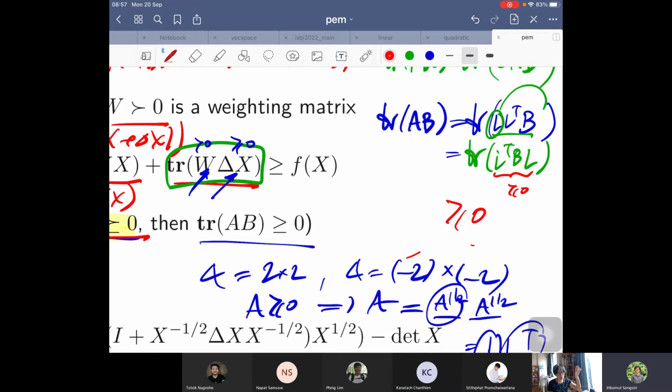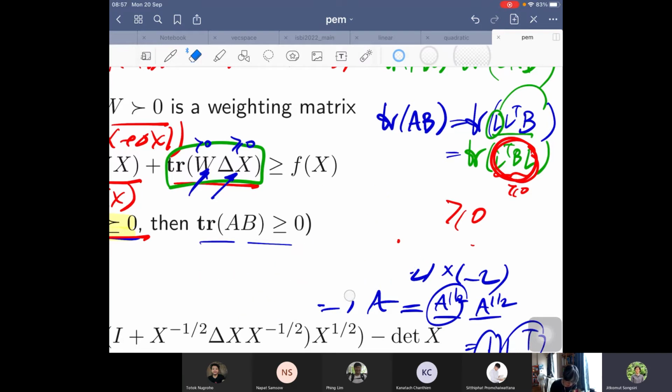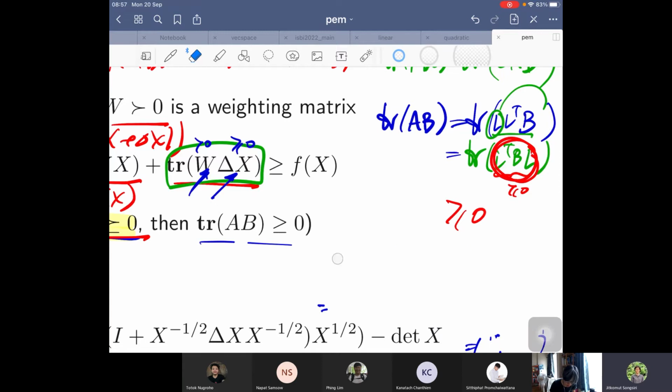Because the trace is a sum along the diagonal. Whenever a matrix is positive semi-definite, a necessary condition is that the diagonal terms must be non-negative. Or you can think of the trace as a sum of eigenvalues. If a matrix is positive semi-definite, all the eigenvalues must be non-negative, so the sum of all eigenvalues must be non-negative. You can conclude from that point of view also. All right, are we done now?